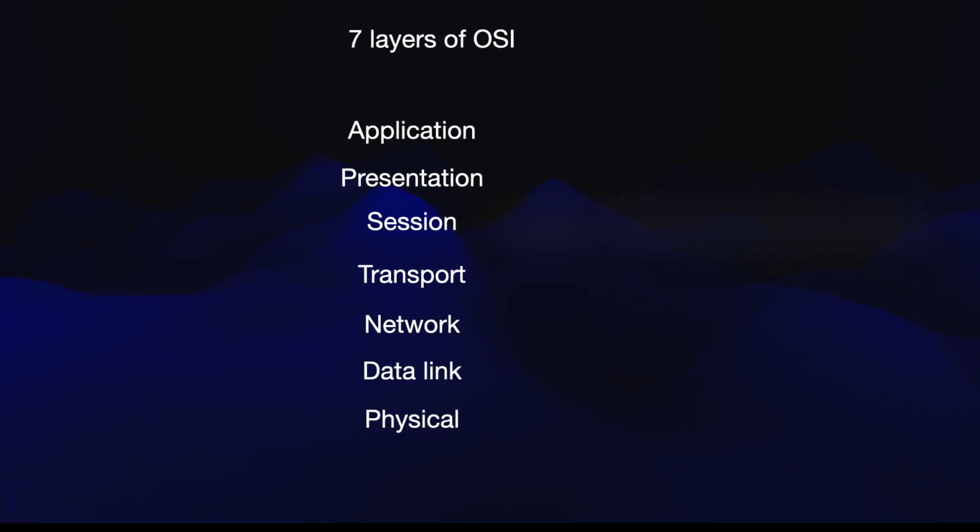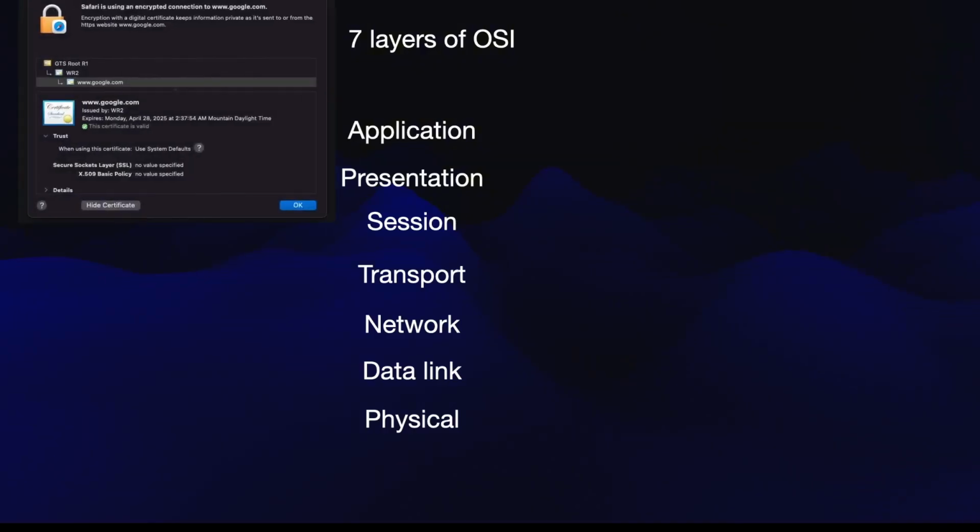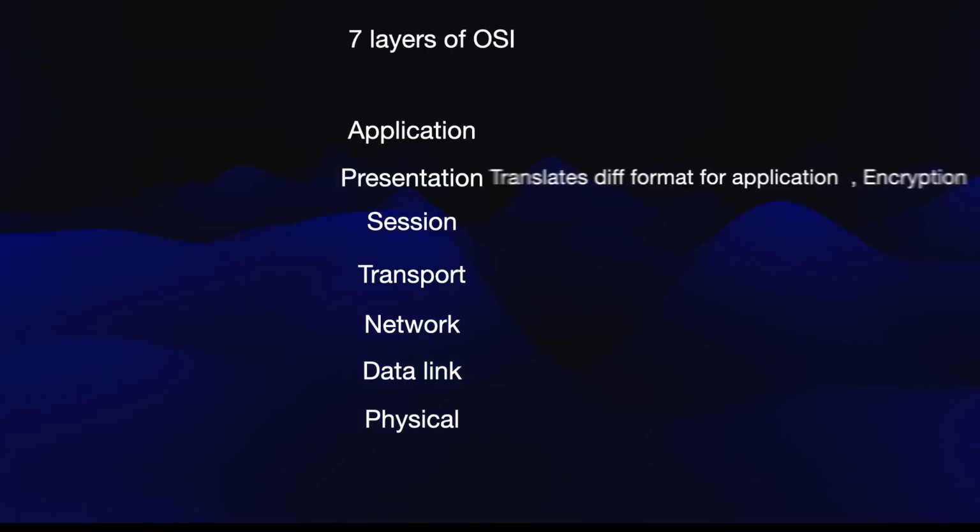And the presentation layer, the best example could be SSL itself, which translates different formats so that the application layer can understand, and also performs encryption. So the examples would be TLS, SSL, especially when you use a web browser.